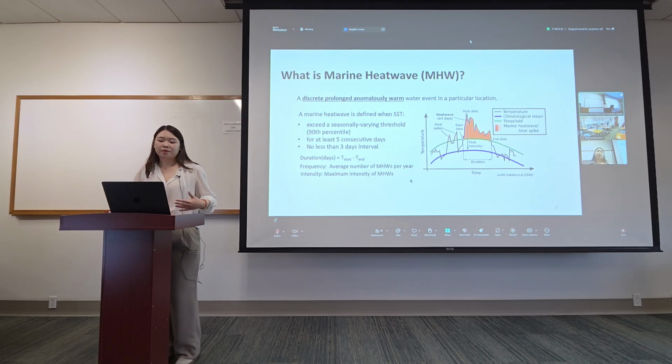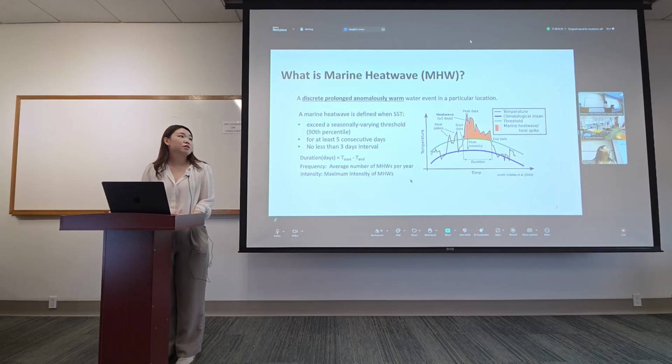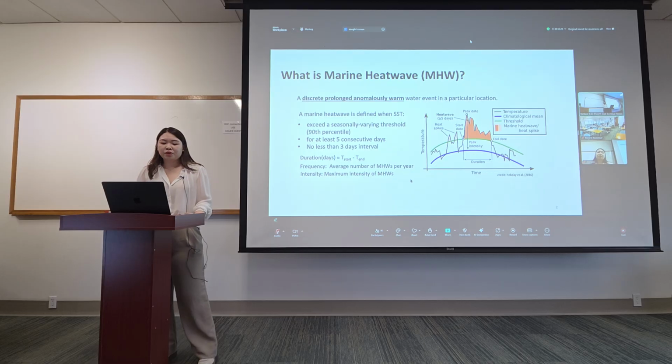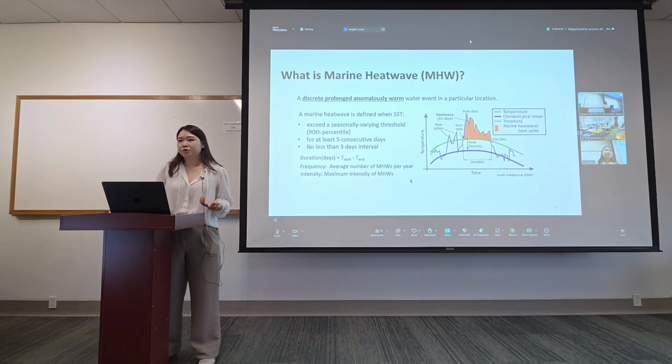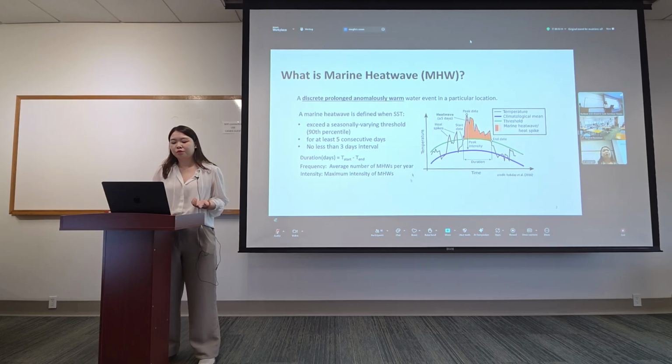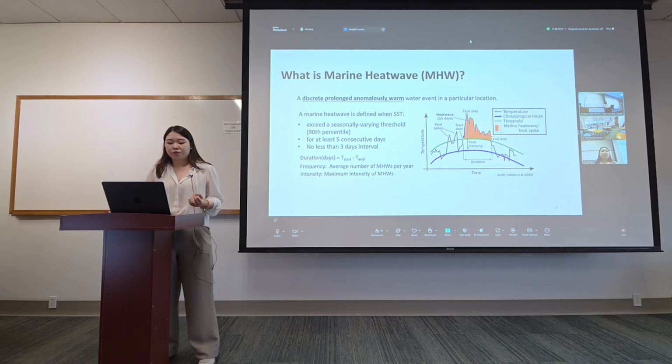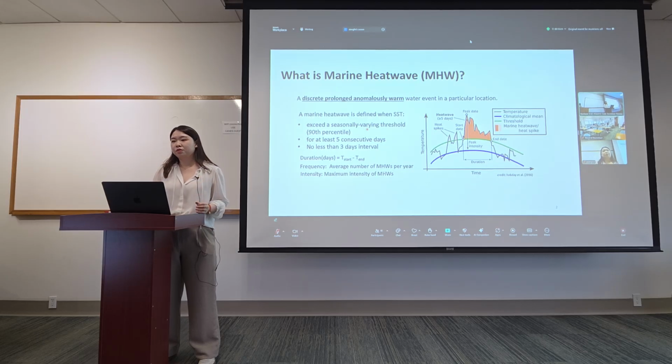Before we talk about why marine heat waves occur and what the driving mechanisms are, we first need to define what they are. A marine heat wave is a discrete, prolonged, anomalously warm water event in a particular location. If we want to detect a marine heat wave event, first we need SST data, usually daily SST output. We have three criteria to detect marine heat wave events.